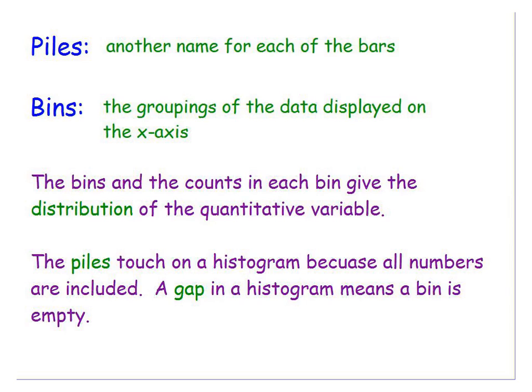So the bins and the counts in each bin give the distribution of the variable. So it tells us how many are in each region. The piles, which were the bars again, as I said, they touch on a histogram because all numbers are included. And the only reason that there would be a gap is if that bin is empty.